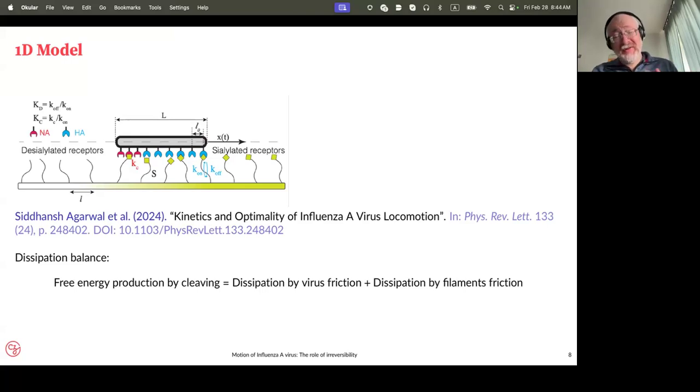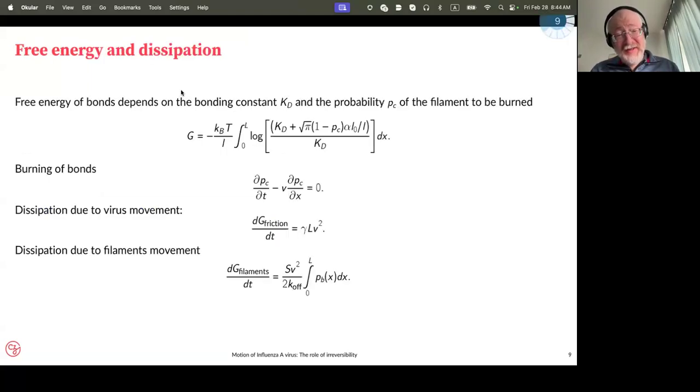So basically, you write down a very simple equation, it's conceptually simple. I want to demonstrate the main equations in the paper itself. Basically, you say that your energy depends on the probability of a site of the filament to be burned. You can calculate the probability of this filament using the equation of motion of the virus.